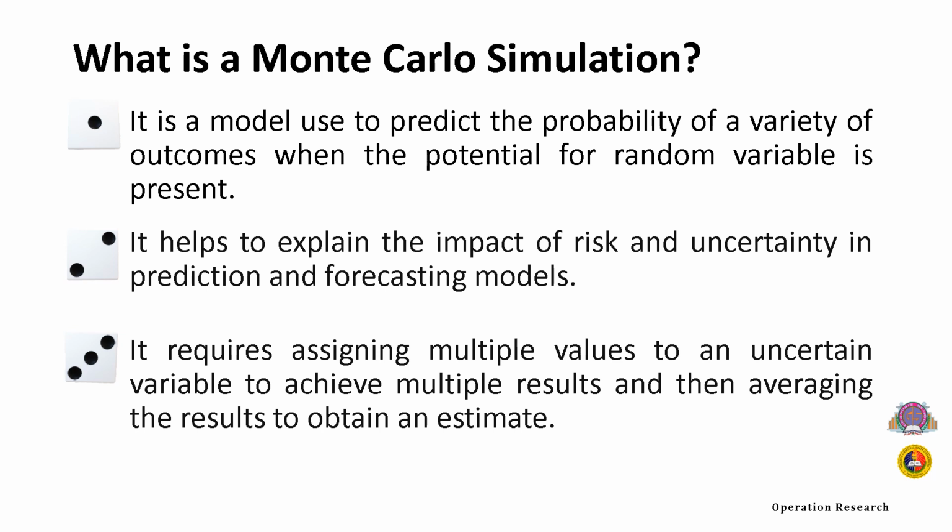Monte Carlo simulation is a model used to predict the probability of a variety of outcomes when the potential for random variables is present. It helps to explain the impact of risk and uncertainty in prediction and forecasting models. It requires assigning multiple values to an uncertain variable to achieve multiple results, and then averaging the results to obtain an estimate.